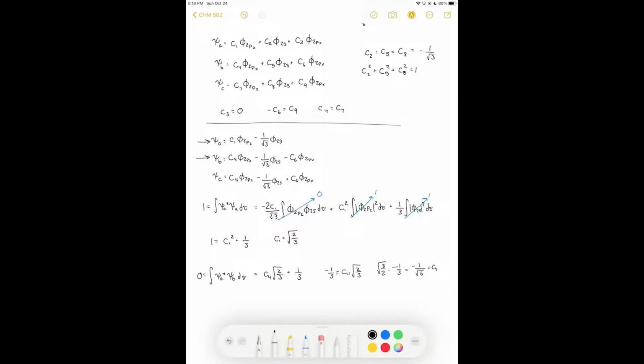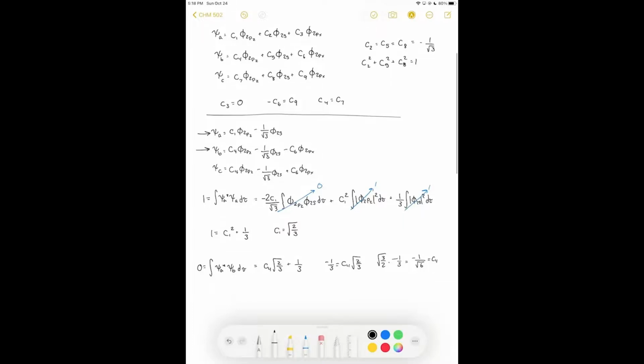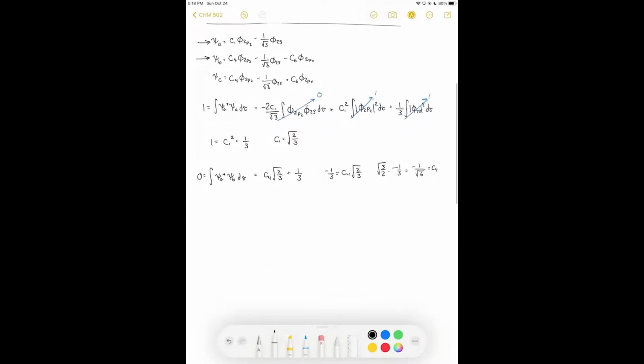Finally, we need to solve for the last thing here, which is c6 and c9. And to do that, we just have to ensure that psi b is normalized. So we'll do the same thing. 1 has to be equal to the integral of psi b star times psi b. And what that simply ends up being is 1/6 plus 1/3 plus c6 squared.